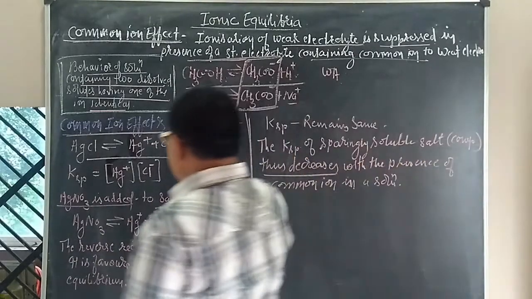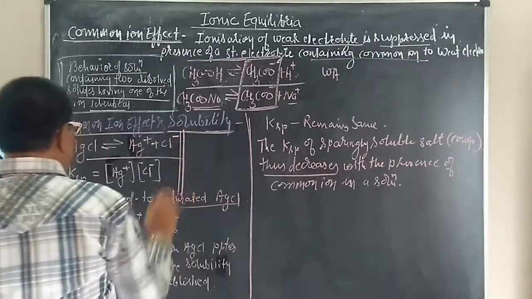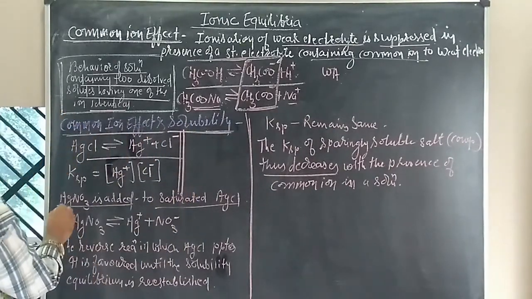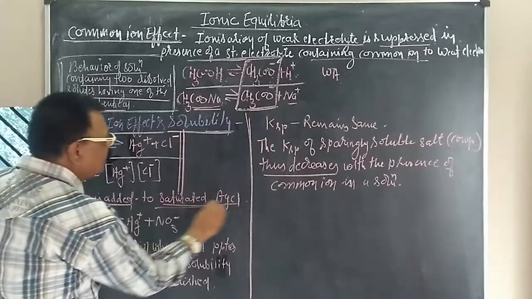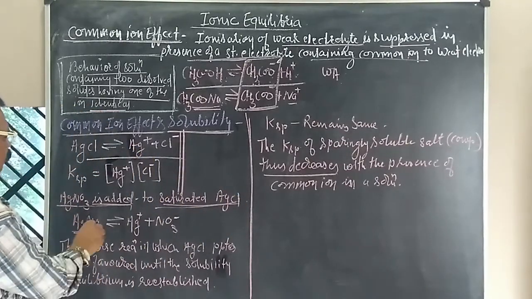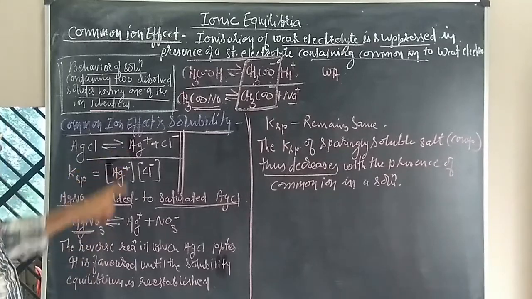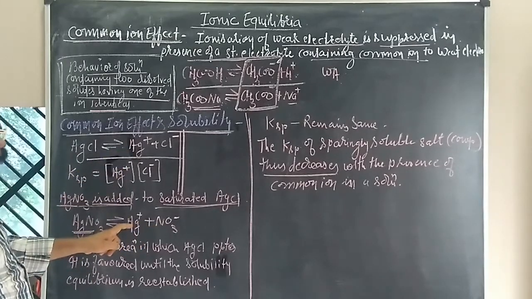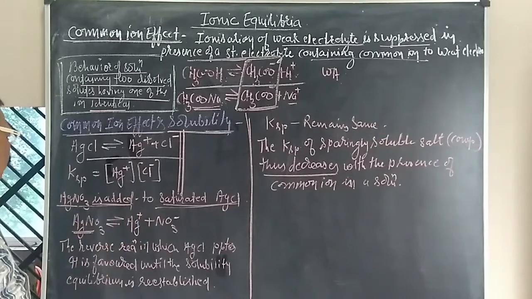When in this solution, बराबर है, silver nitrate is added to the saturated AgCl. मानो अगर इसके अंदर मैं सिल्वर नाइट्रेट डालता हूं, so the silver nitrate also produces the silver ion along with the nitrate. बराबर, समझ में आ रही है?